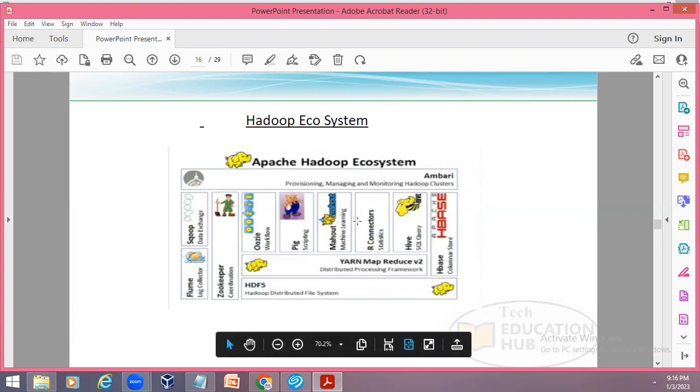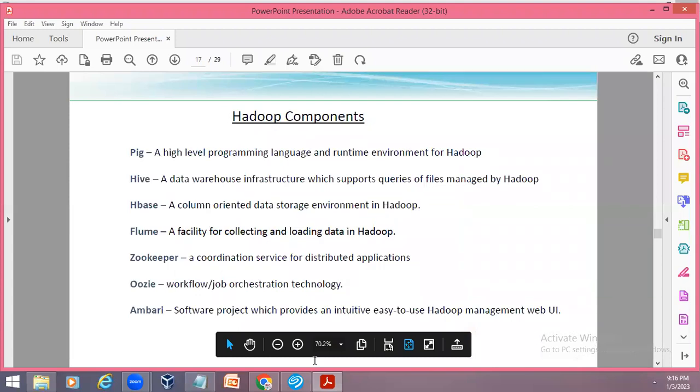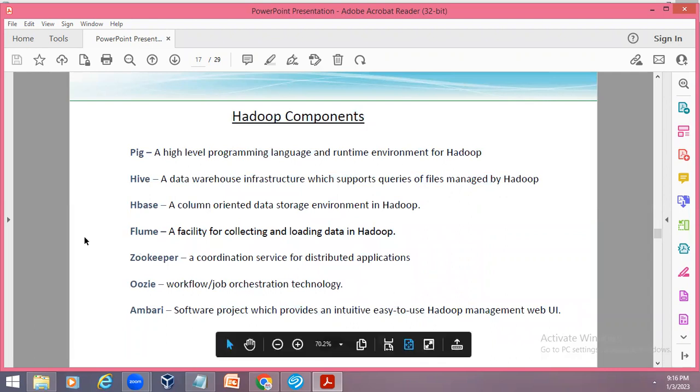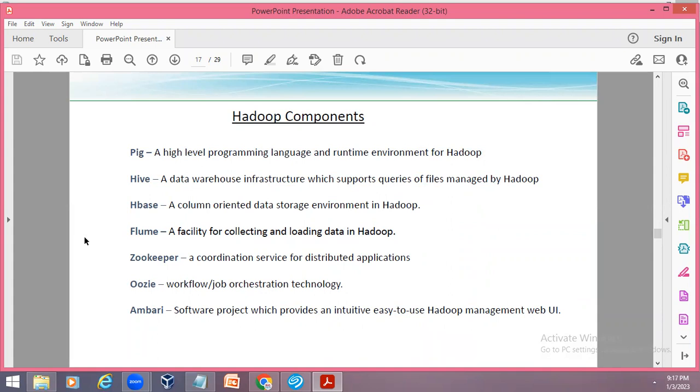Okay, clear on this? It's very basic. Yeah. Okay, so just go through this slide once, whatever is given above. It's like different requirements, and for every solution we have a different component.